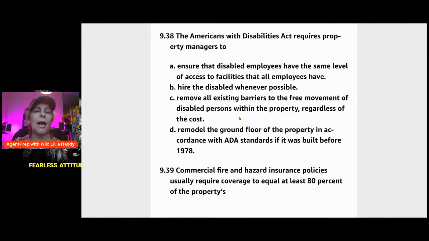There's usually an area, okay, where they have disabled parking or ramps, to provide access and put certain bars in the bathrooms and stuff for handicapped individuals. D, remodel the ground floor of the property in accordance with ADA if it was built. No. So the best answer here is ensure that disabled employees have the same level of access to facilities that all employees have.